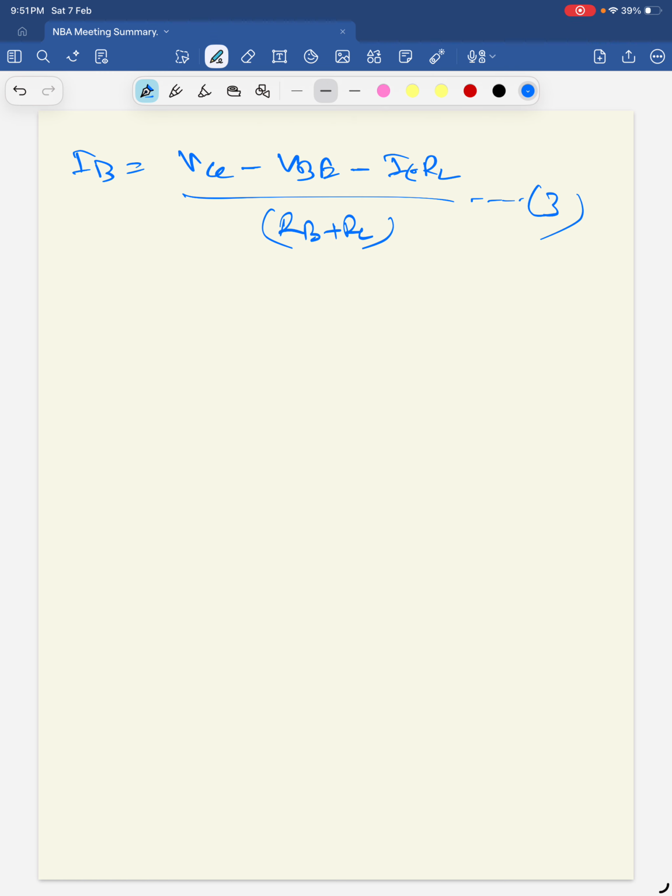Now everybody knows this important expression: IC is equal to beta into IB plus beta plus 1 into ICO. We know IB, so we put the value of IB here.